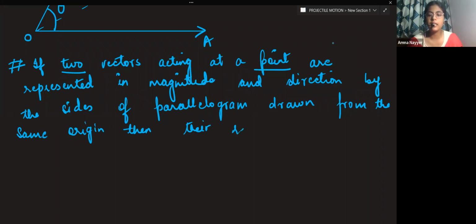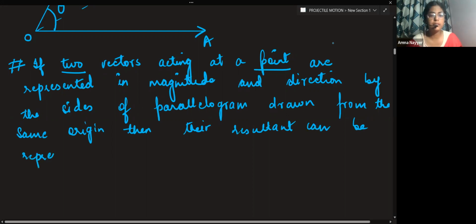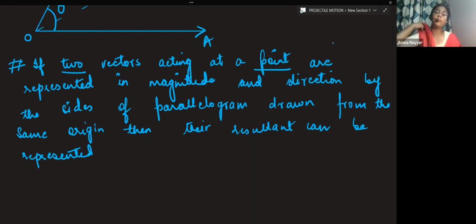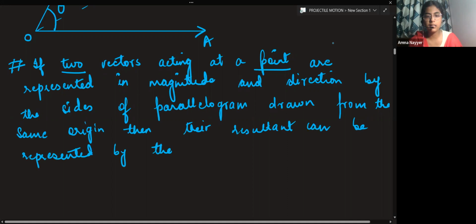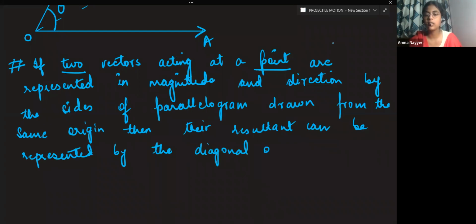Then their resultant can be represented by what? By the diagonal of the same parallelogram.